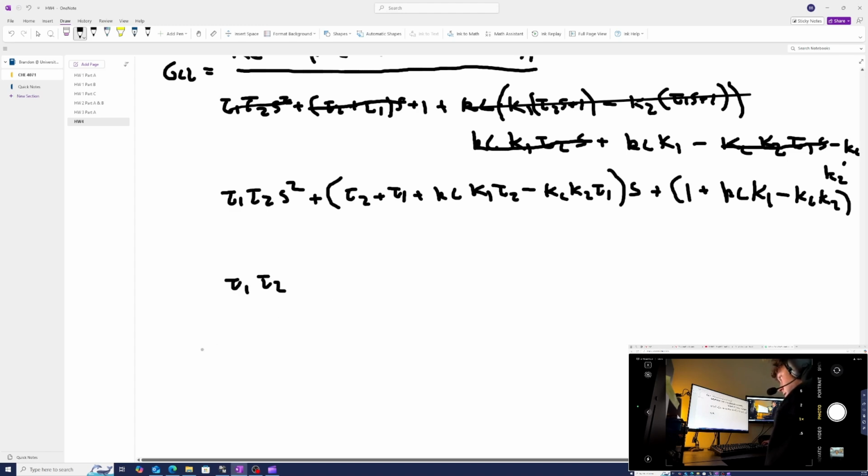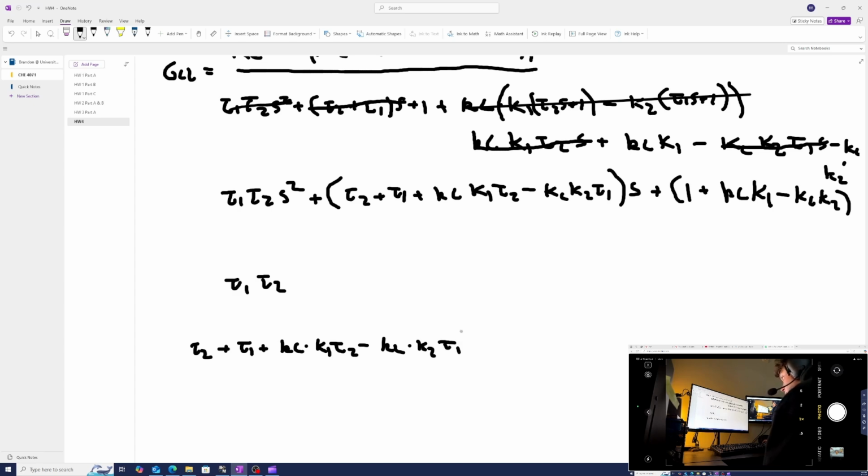Our second term is going to be tau 2 plus tau 1 plus KC K1 tau 2 minus KC K2 tau 1. Our third term is going to be 1 plus KC K1 minus KC K2. And our last term is going to be 0 in this spot.